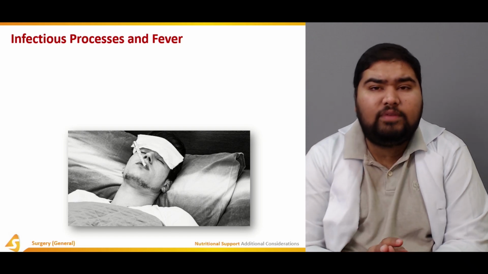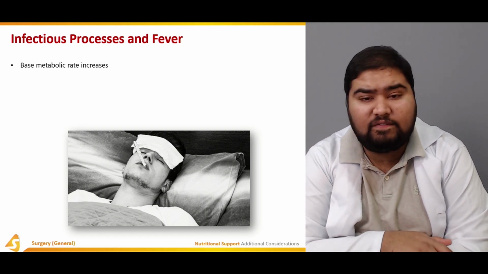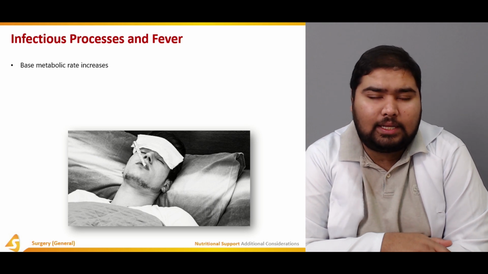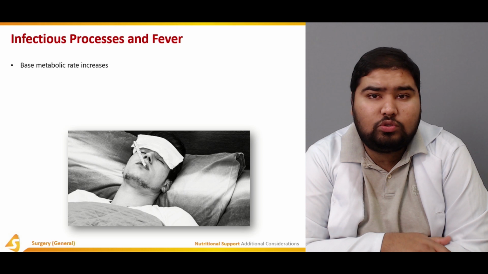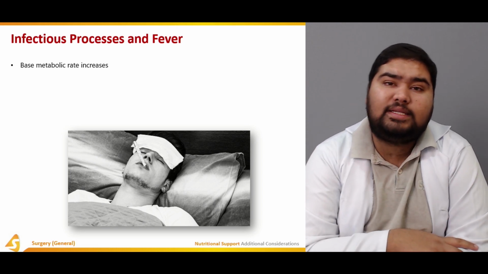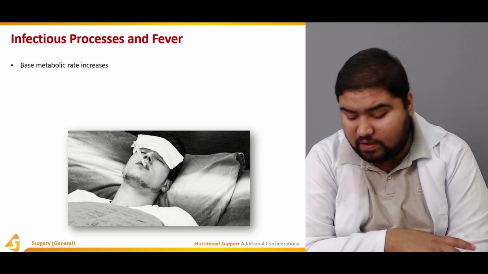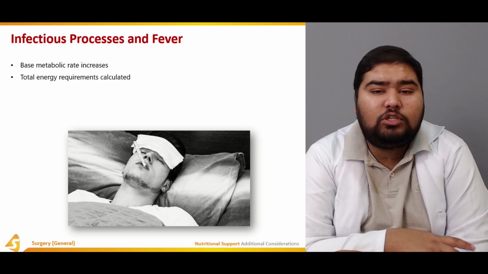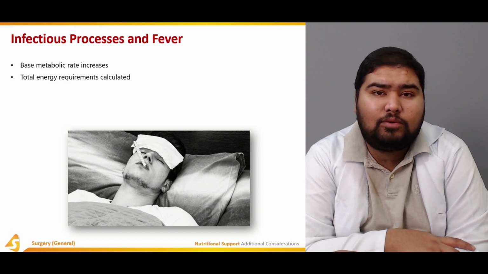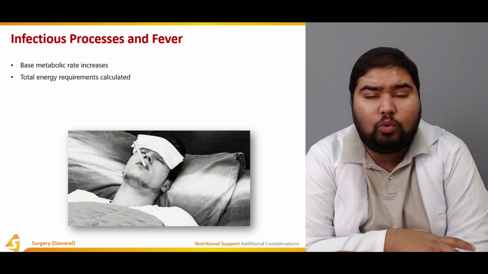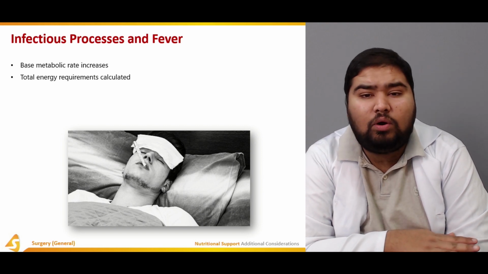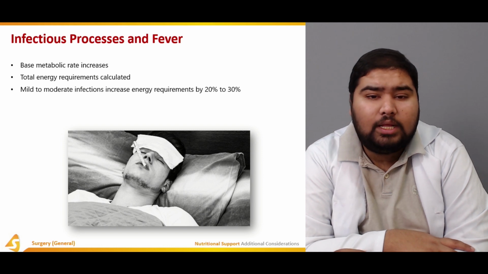So starting off with the infectious process and fever. The basal metabolic rate increases. It increases in response to the stress that has occurred to the body. In this case, the stress is the infectious process or the fever in itself. Now the total energy requirement should be calculated, and this energy requirement is slightly more than what would be in the standard non-infectious body.